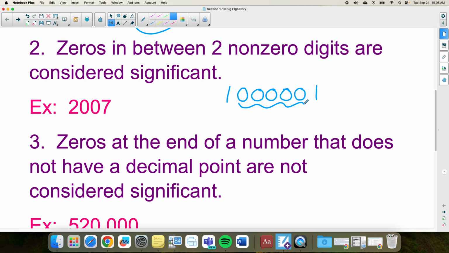So if your end numbers are not 0, all of these become significant. So like this one would be 1, 2, 3, 4, 5, 6, 7. And this one, because these zeros are in between 2 numbers that are not 0, they're significant also. So this would be 1, 2, 3, 4. Does that make sense? So if zeros are in between 2 numbers that are not 0, you count them all.